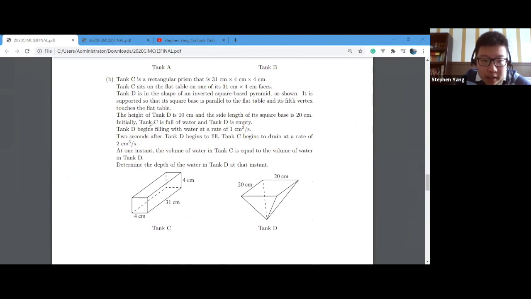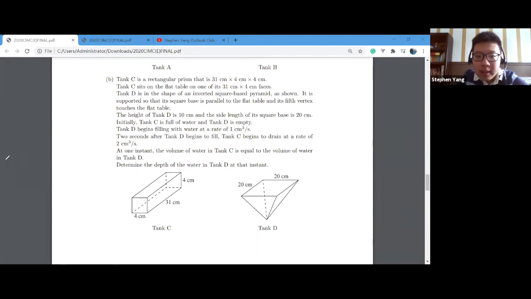So initially, tank C is full of water and tank D is empty, and tank D begins to fill with water at a rate of 1 centimeter cubed per second. And 2 seconds after tank D begins to fill, tank C begins to drain.